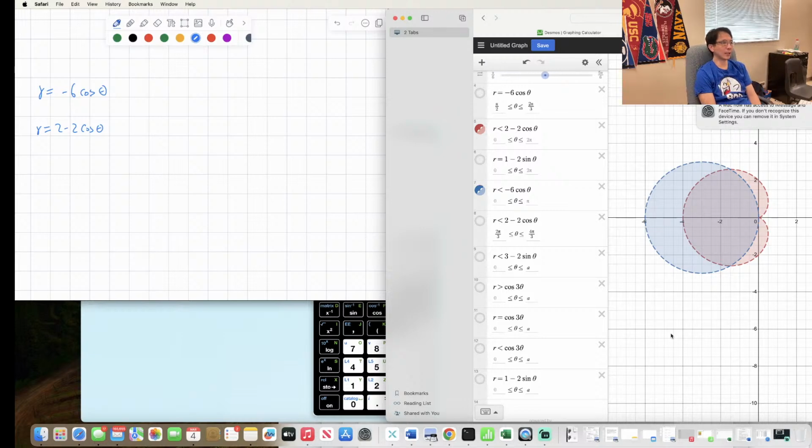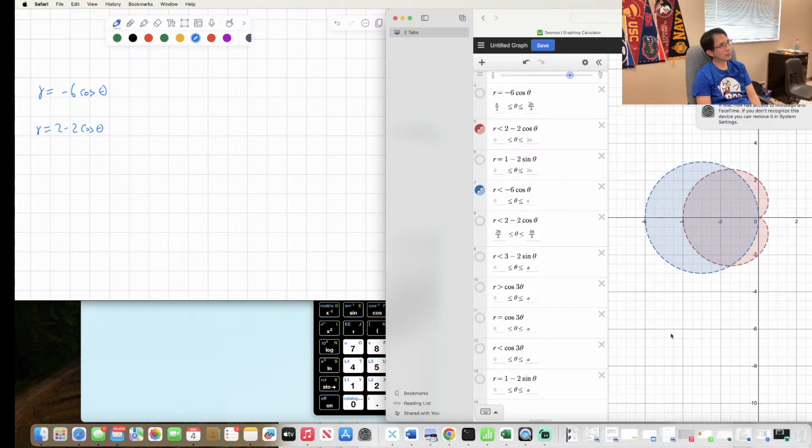You cannot on the graphing calculator. On Desmos you can, but you can't make it move on the calculator. The graphing calculator can't do what Desmos can do. Not even the TI-Nspire, right? They don't have a slider. It says 0 to 2 pi.